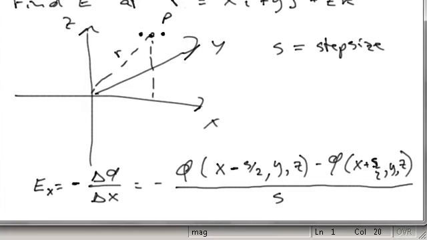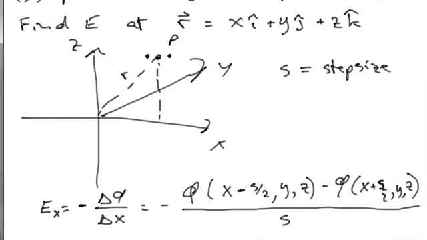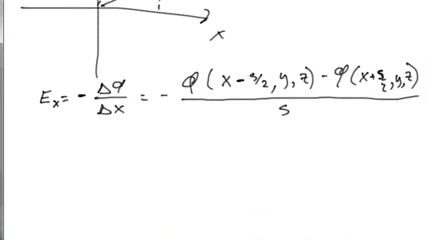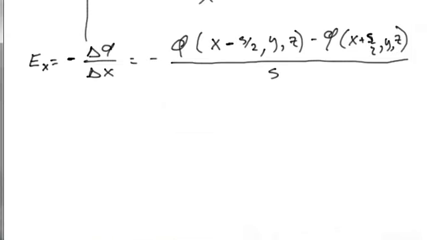Alright. Similarly for the other two. So I think I might as well write that down. EY is minus delta phi by delta y.